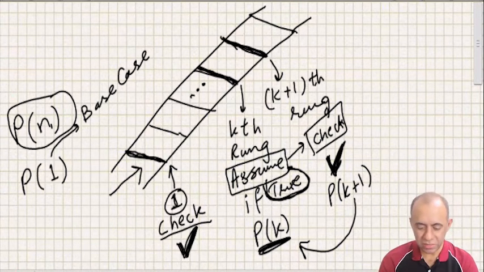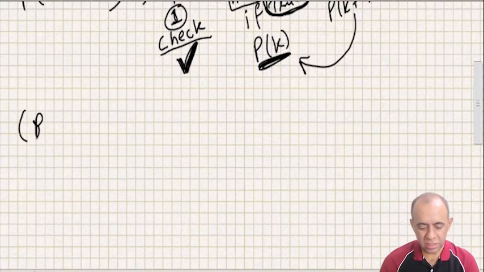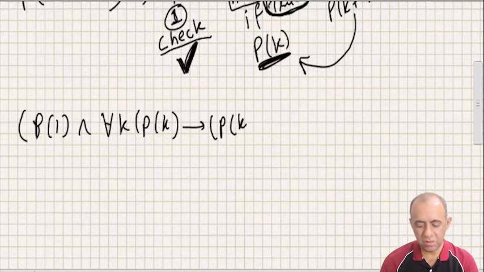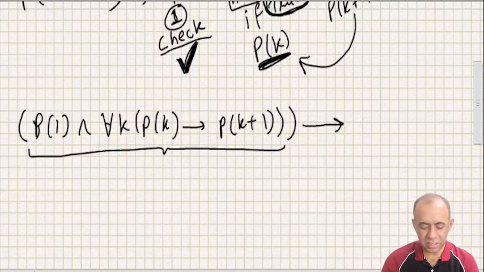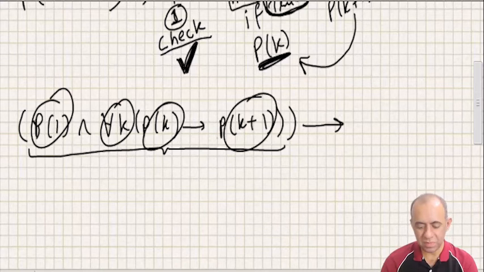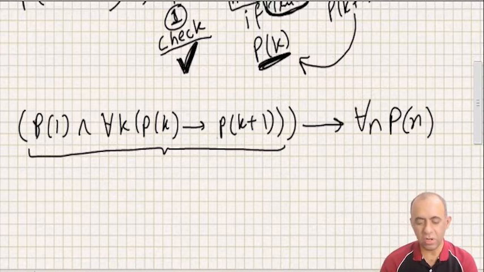So this is mathematical induction. The formal statement for this proof technique is the if part: if P of 1 is true and for all k, if P of k then P of k plus 1 is true, then if all of this is true, stating that the base case is true, and for all k, if P of k then P of k plus 1, then it says that our theorem is proven for all n, P of n.